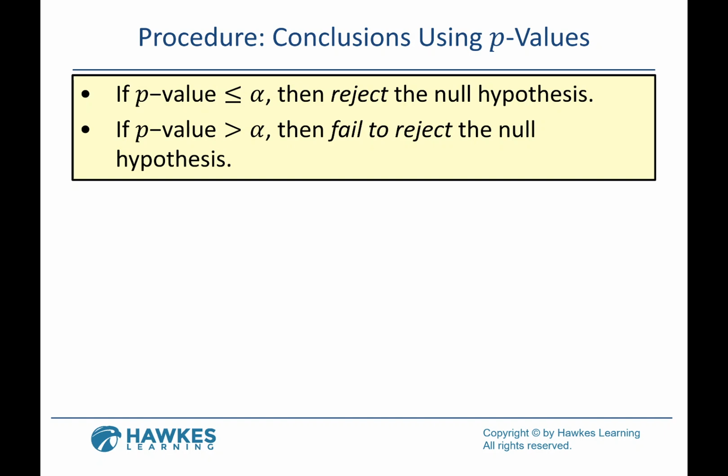And then our p-value, it's not exactly, but you can kind of think of that as the probability of us making a type 1 error based on the data we got. So if it's smaller than our acceptable level of making a type 1 error, we reject the null hypothesis. If it's too risky, if the p-value is too big, then we fail to reject the null hypothesis. So that's one way of thinking through that.